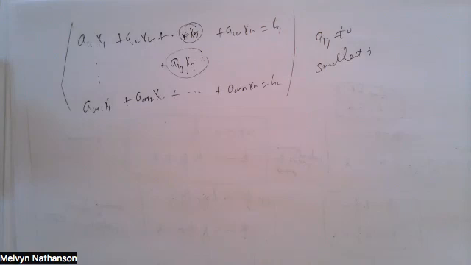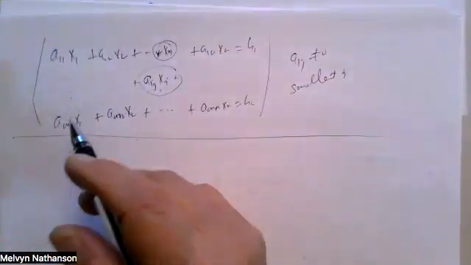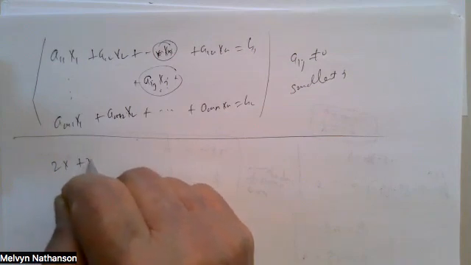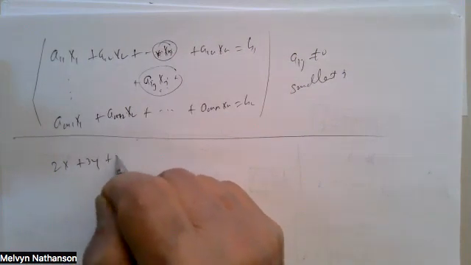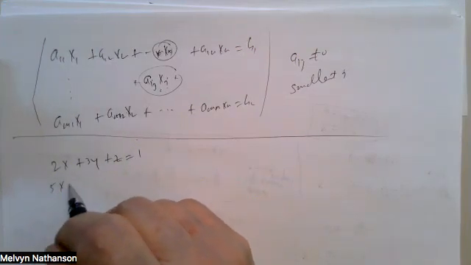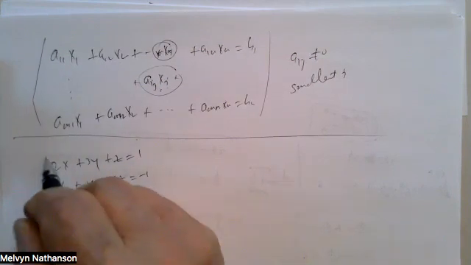Let's take another example. Let's take the following system of two equations and three variables: 2x plus 3y plus z equals 1, and 5x plus y minus 4z equals minus 1.